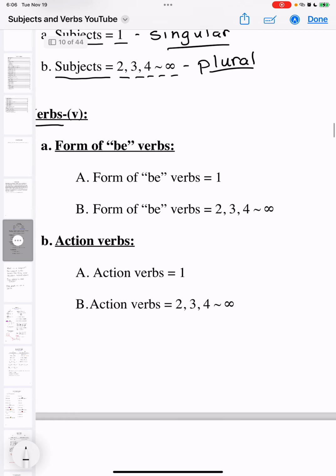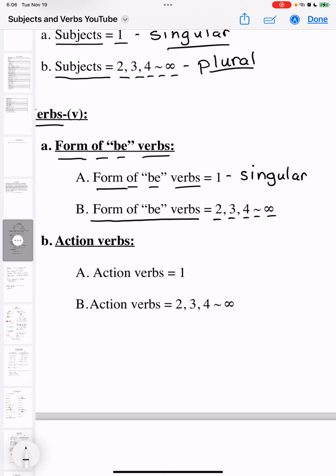You have two kinds of be verbs: forms of be verbs that are equal to 1, which again will be singular, for those who might not know this, and forms of be verbs that are equal to 2, 3, 4 to infinity, and that's going to be plural.